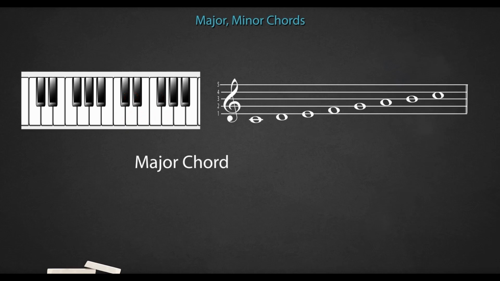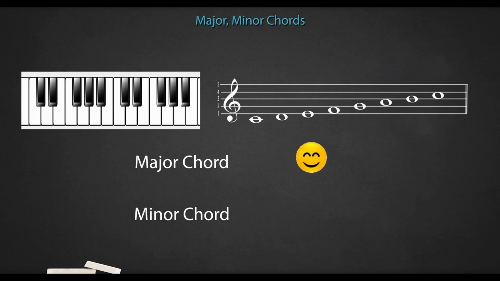Listen to a major chord. And now listen to the same minor chord. If I told you that each type is characterized by a feeling that it transmits, can you think of what it is?